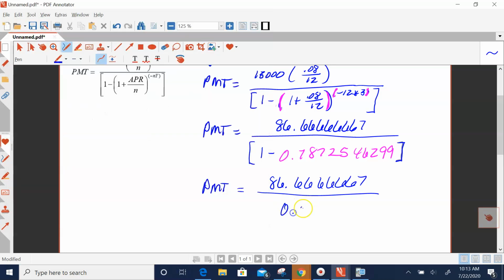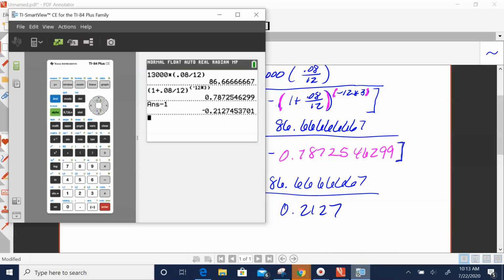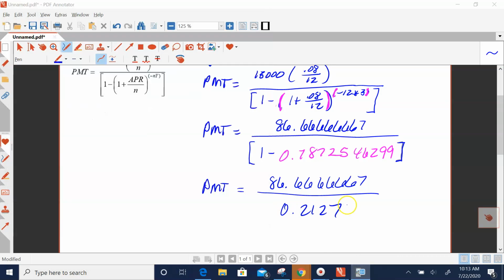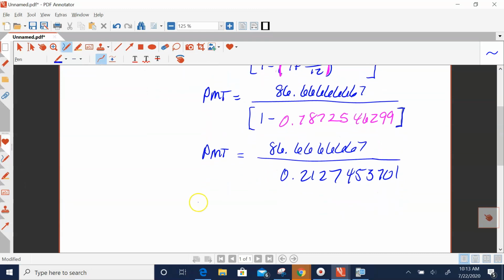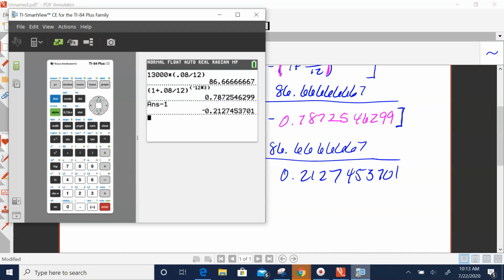So I'm going to write that down: 0.2127, 453701. Remember, you can't round until you get to the final answer. Make sure I copied that right.